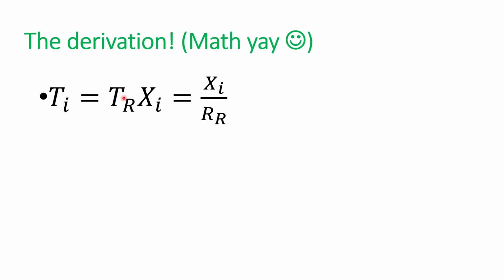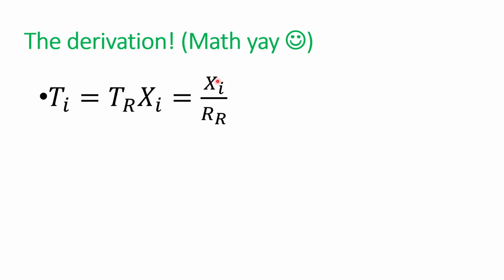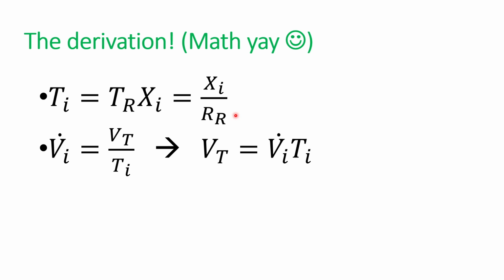This is simply the time that they're in one respiratory cycle times the portion of that cycle that they're in inspiration. This is what I'm trying to find out, this time right here. It would be the time of the total cycle times the fraction that they're in inspiration, or xi. And we know that TR is just 1 over RR, and so we get this.